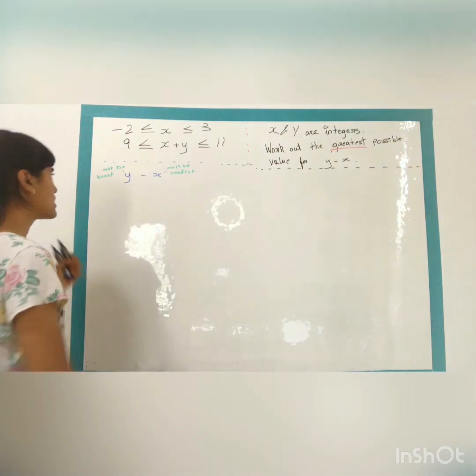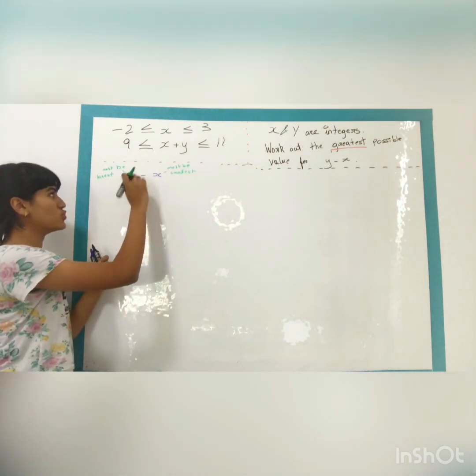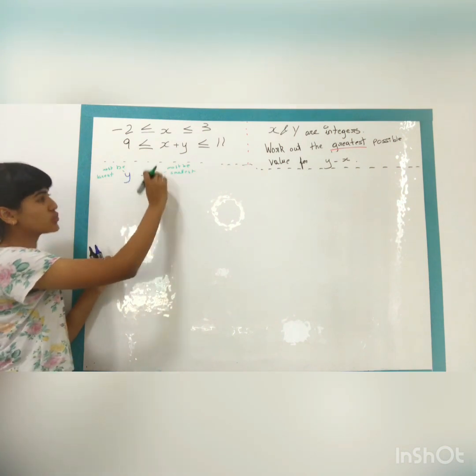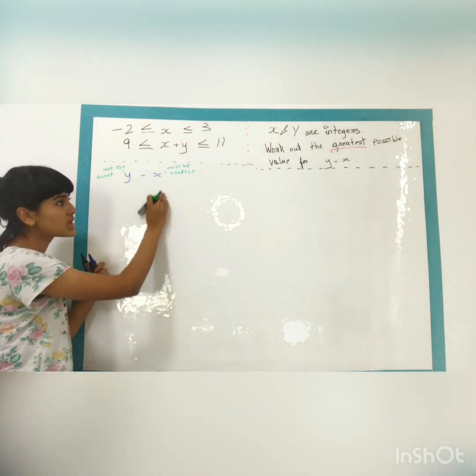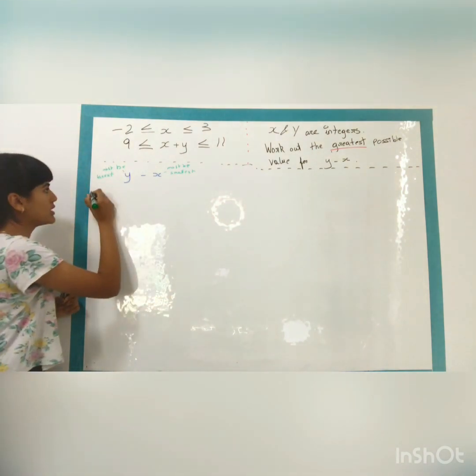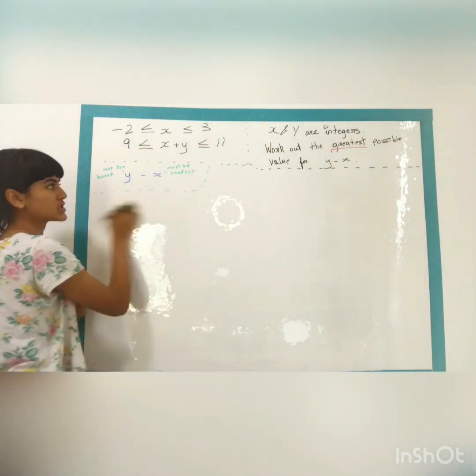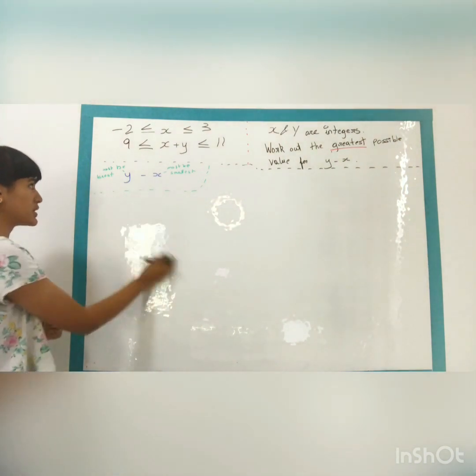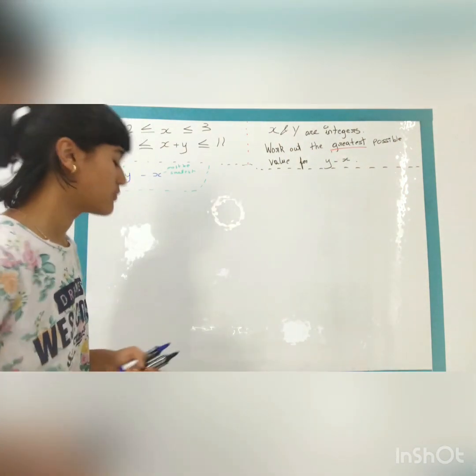To reiterate, the larger we can make y, and the smaller we can make x, the greater the value of the entire expression will be. So we have this under control. This is our base, and this is how we're going to derive the true answer to the question.